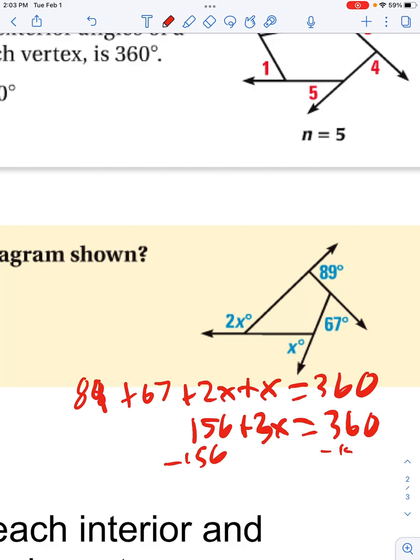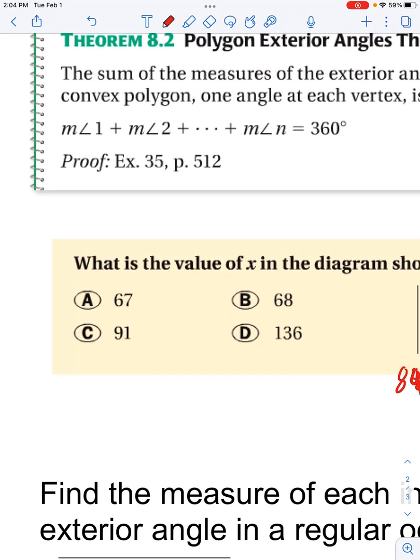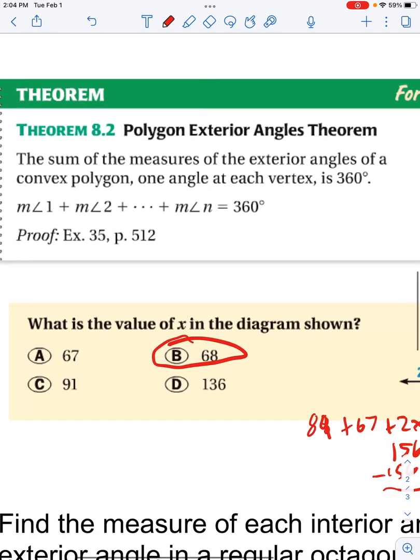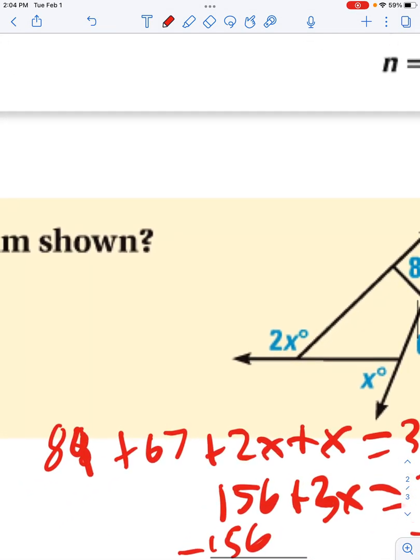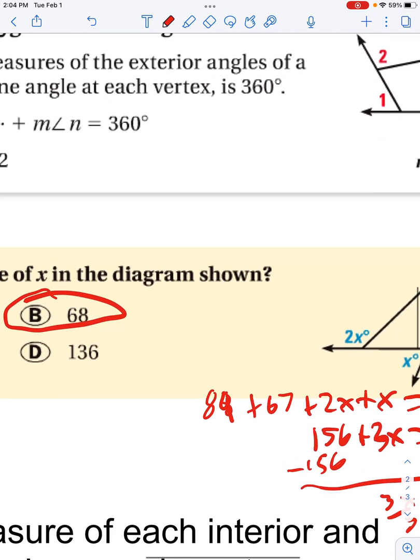Subtract 156 on both sides to get 204, and dividing by 3, you get 68. So x is 68, and that's the question. If the question had asked me for this specific angle measure, I would have to do 68 times 2. If it asked me for this one, I would just say 68.